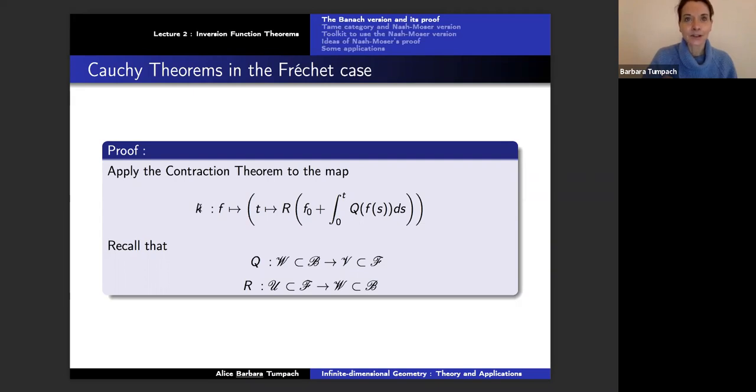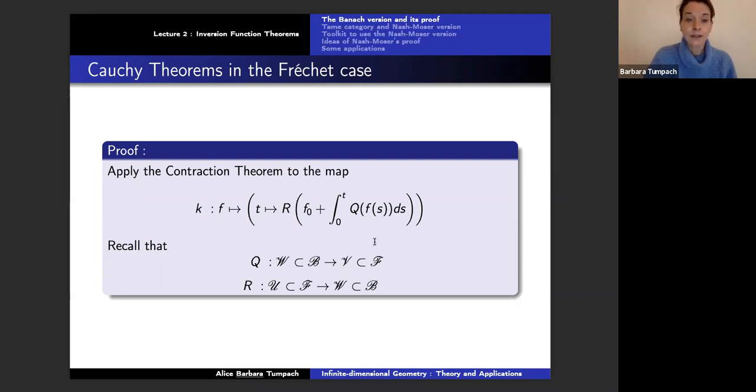This is an operator acting on a space of maps. Q is going from a Banach space to the Fréchet space F, and R is going from the Fréchet space to the Banach space. If you look at Q of F, this takes values in a Fréchet space, and then you go back with R, and you end up in the Banach space. So this map is going from the Banach space into itself.